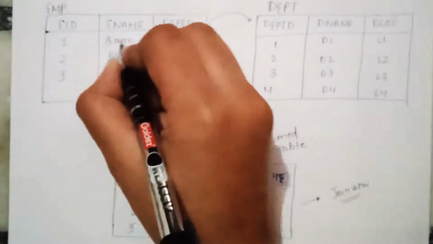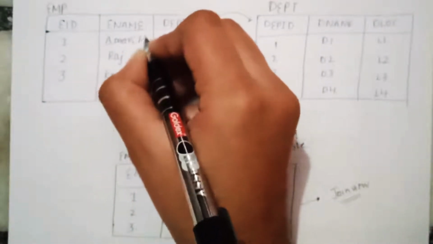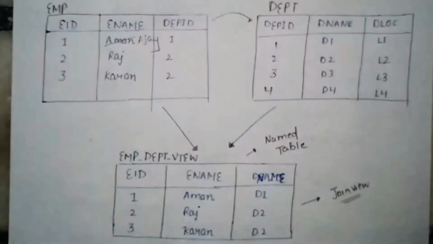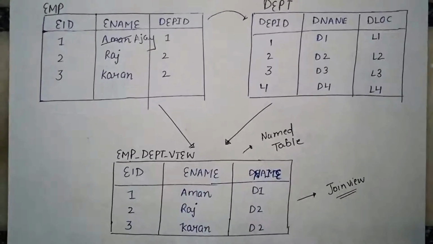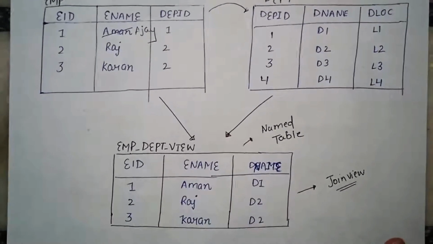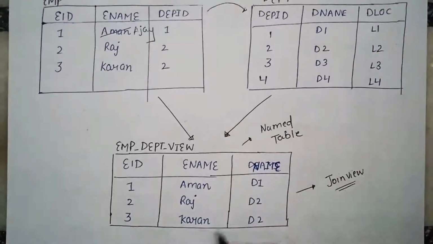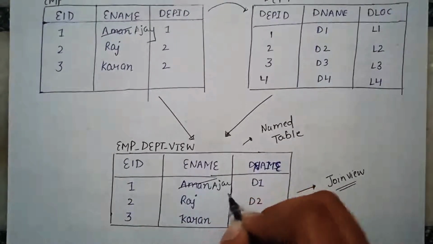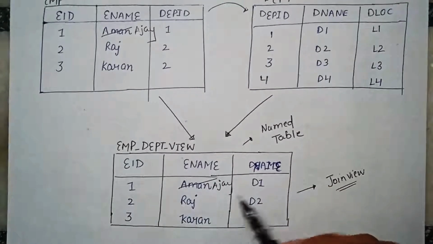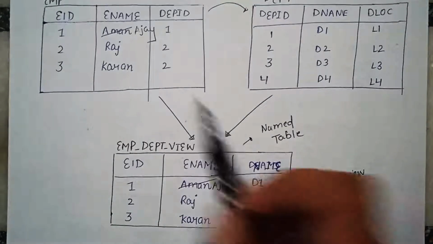Let's say we have changed the name of Aman to Ajay. Whenever we want to get the data from the view, it will show us the name as Ajay, not Aman. What is the reason behind it? Because it is showing us the data of these tables.